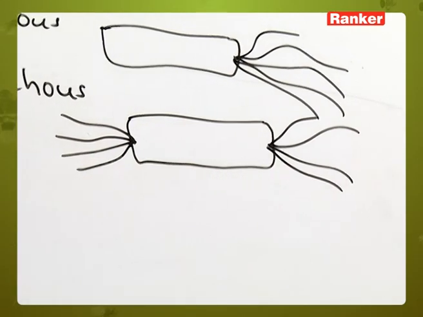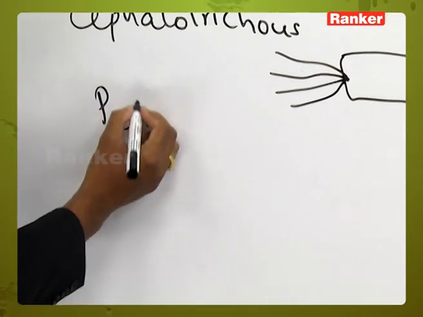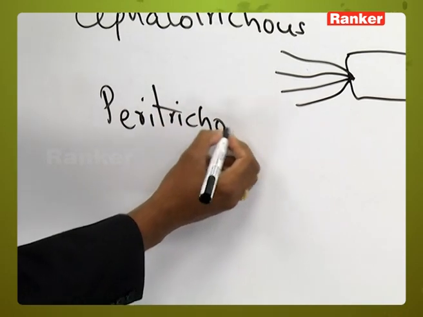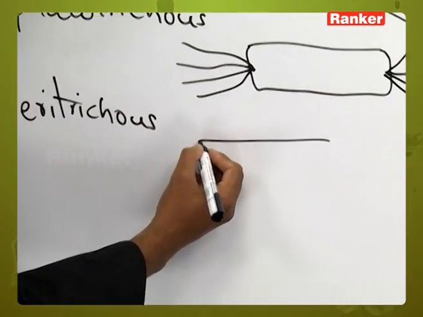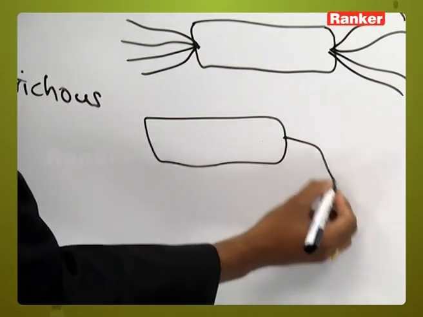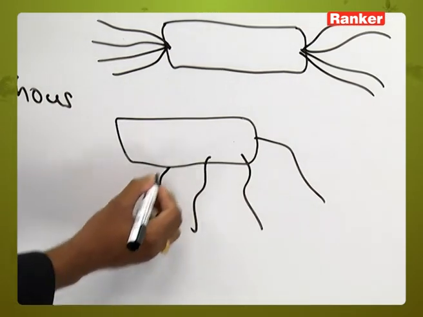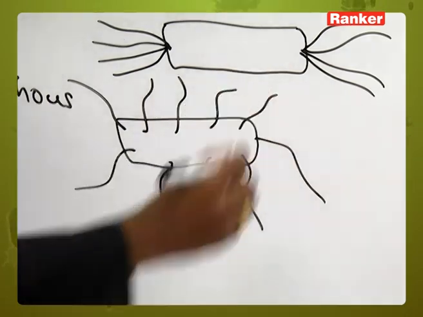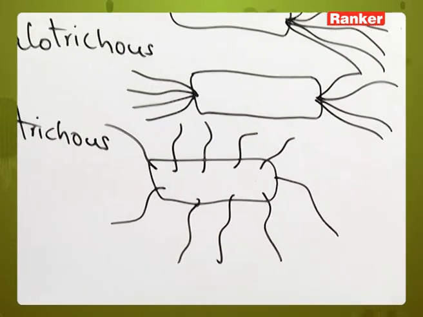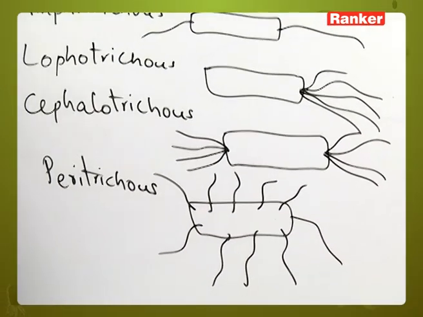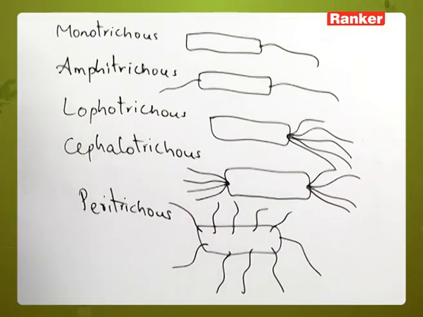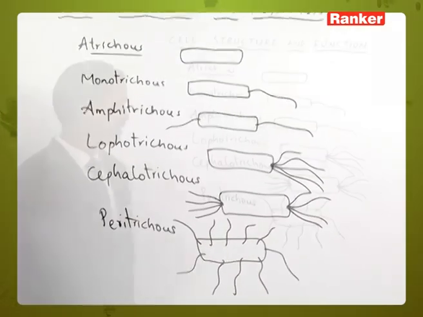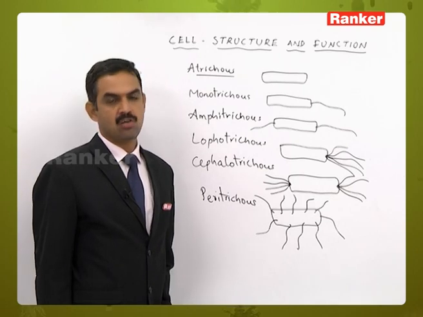And peritrichous: the bacteria which contain flagella throughout the surface, many flagella on all the sides. Likewise, based on the number and arrangement of flagella, atrichous, monotrichous, amphitrichous, lophotrichous, cephalotrichous and peritrichous are present.